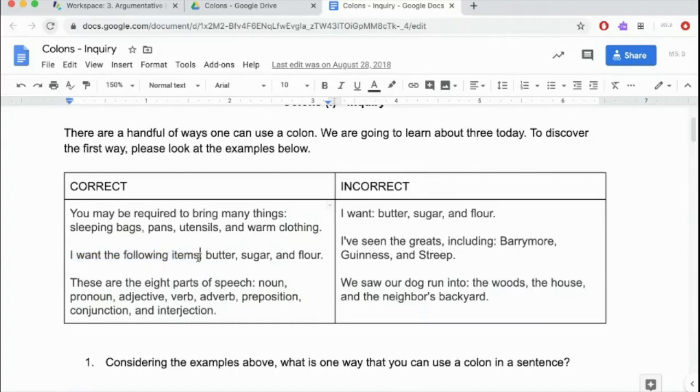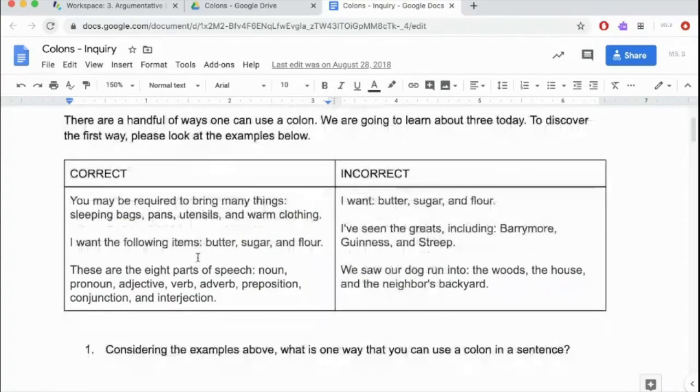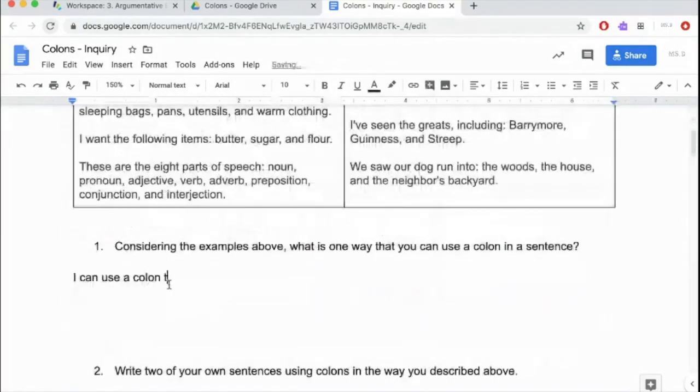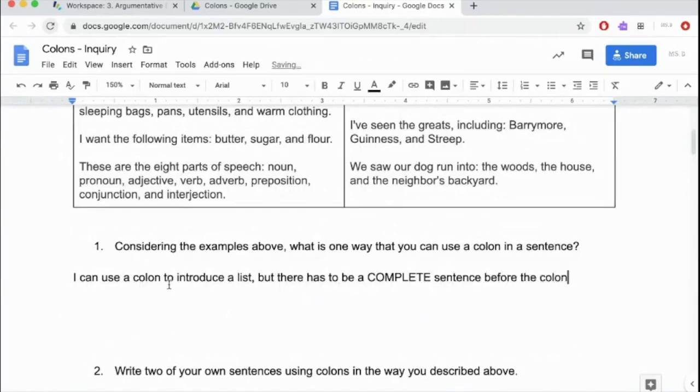So, considering the examples above, I can use a colon to introduce a list, but there has to be a complete sentence before the colon. That's the rule about using them as a list.